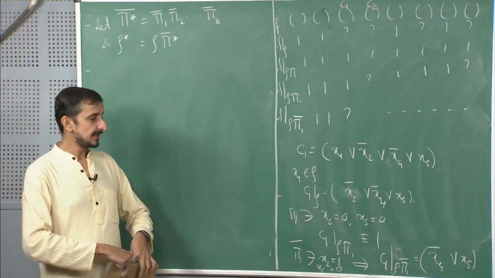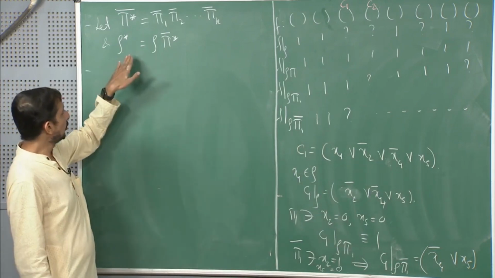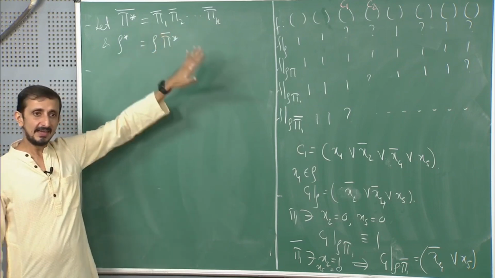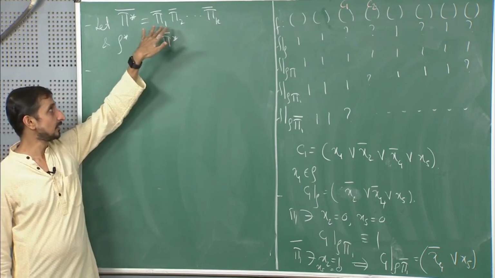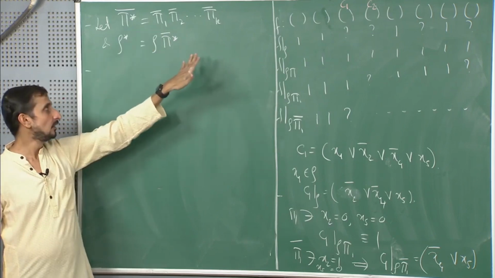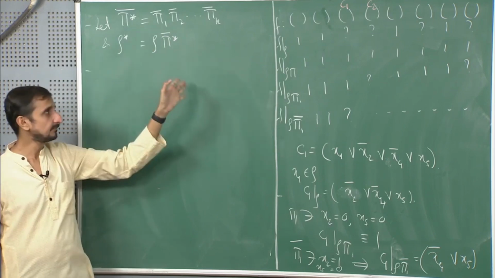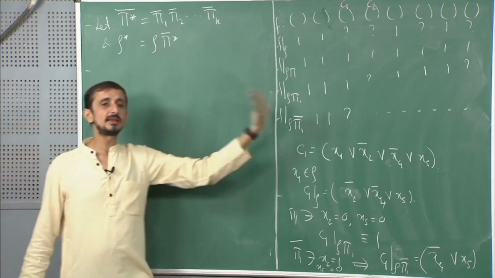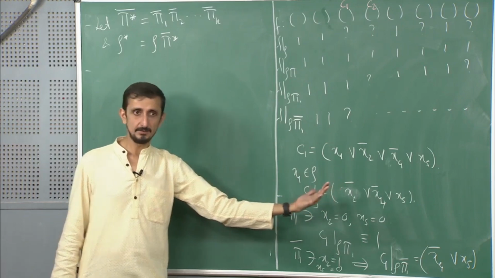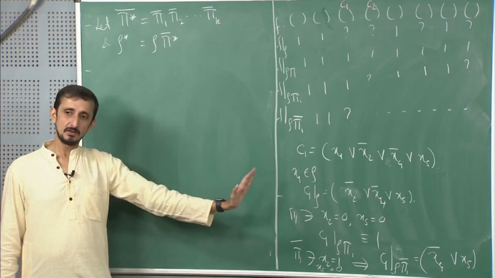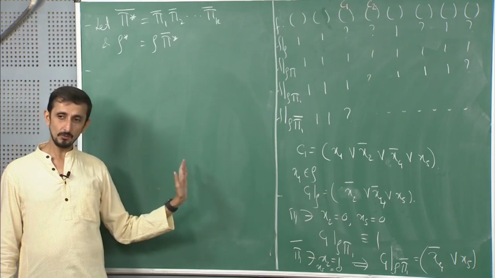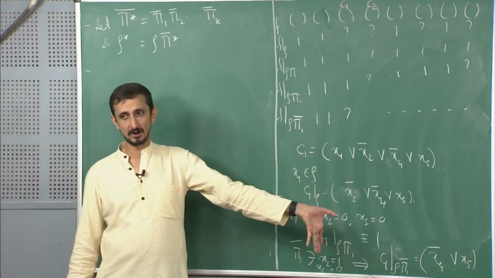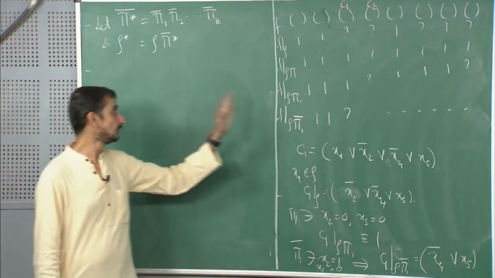Now, note that if we are given rho pi 1 bar, pi 2 bar, and along with it I am also given, let us say, pi 1, then I can uniquely identify C2, because C2 will be the first clause which is not set to 1 by rho pi 1 pi 2 bar, because pi 1 is already setting C1 to 1, and by our construction, that is the first thing.